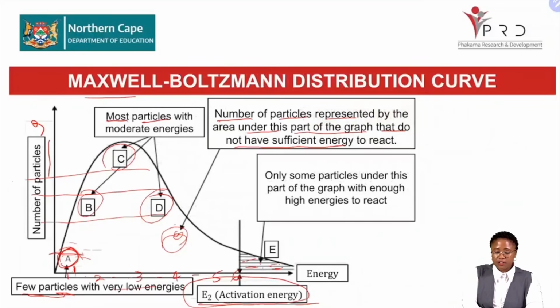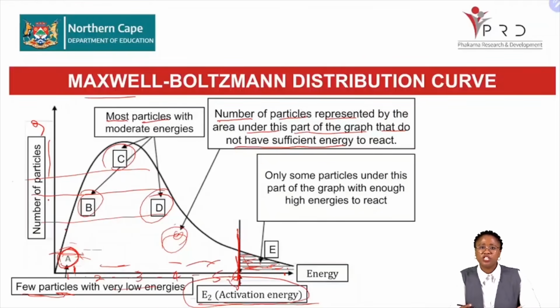And every time the examiner asks you what the shaded area indicates, it always indicates the number of particles that have enough energy to do what? To react, because they are just after the activation energy. And remember, the activation energy is the minimum that you need in order to react.